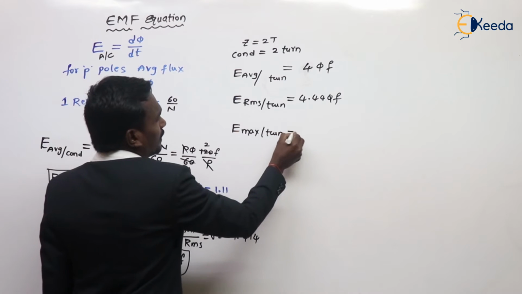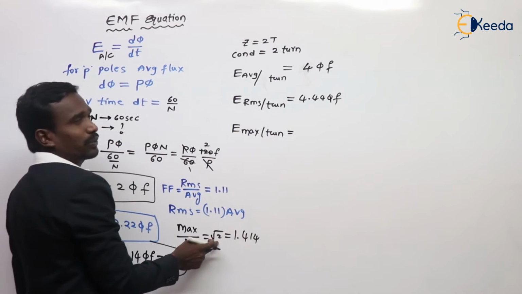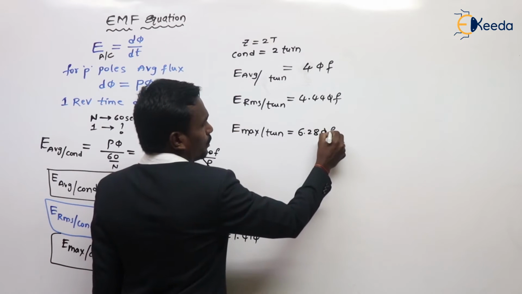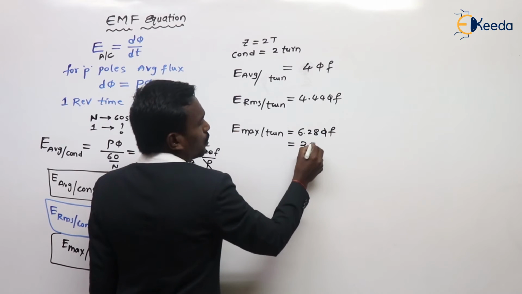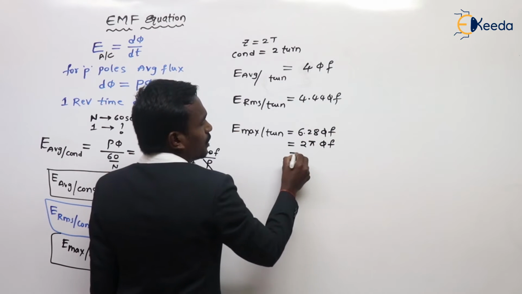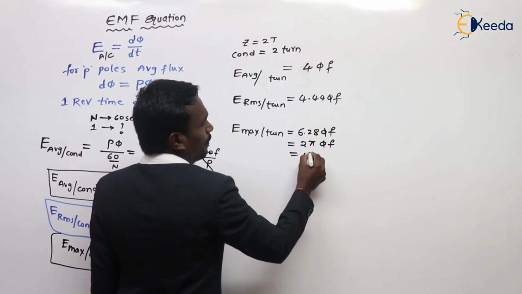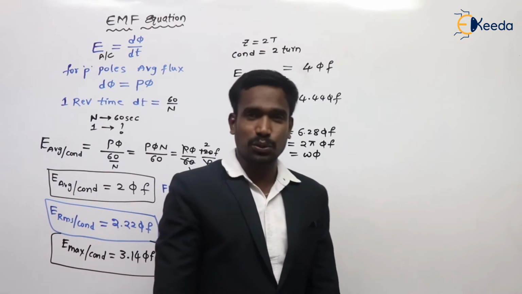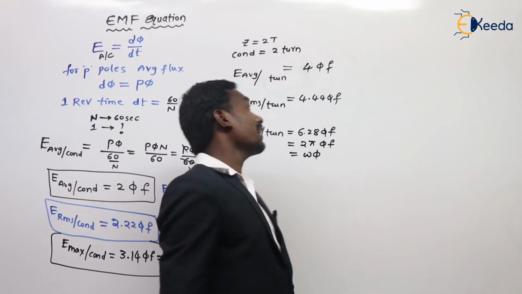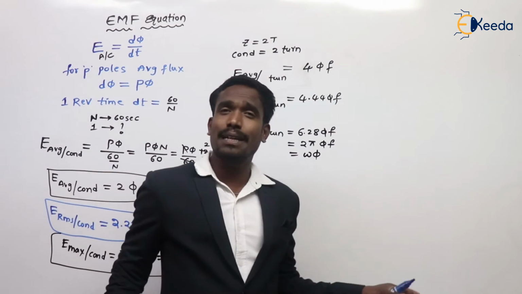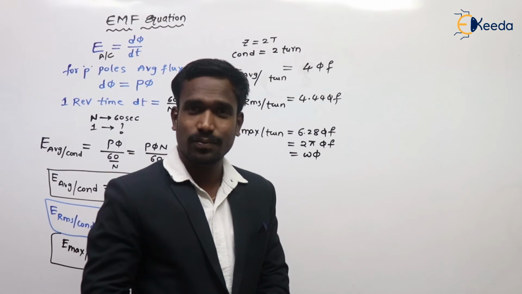E maximum per turn is equal to root 2 times this value, 6.28 phi F, or 2 pi, 6.28 phi F, nothing but 2 pi F, 2 pi F nothing but omega phi. These are per turn values. Be careful, these are the per turn values, but still the complete EMF equation is not completed.